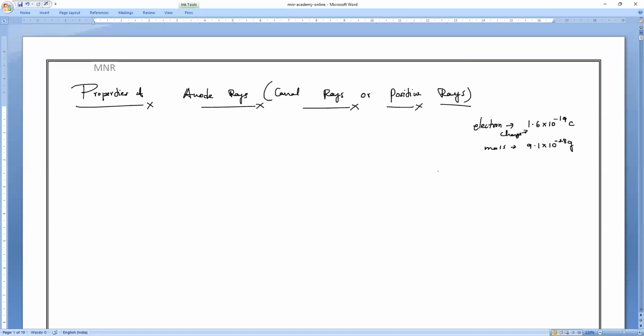Same way, there is another subatomic particle which is present. One subatomic particle is electron, and the other subatomic particle, what do we call it, everybody? Proton. So remember, by this time we don't know the neutrons.